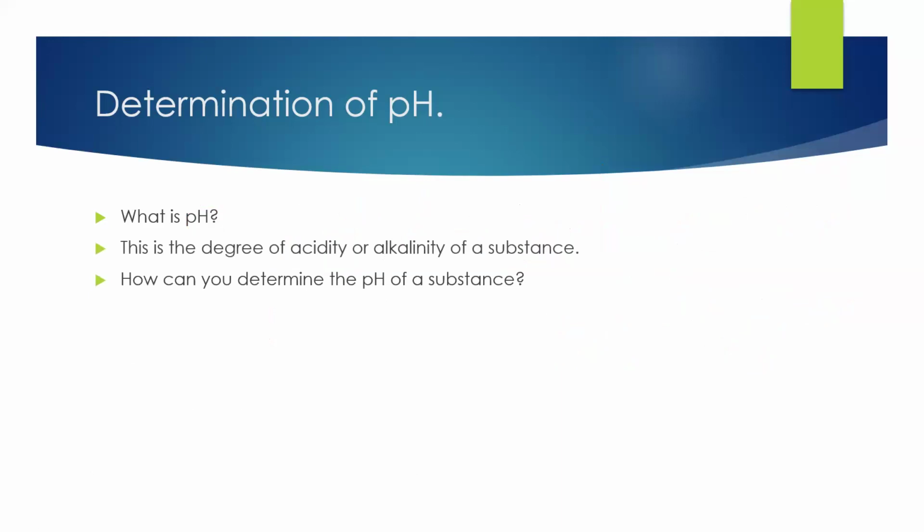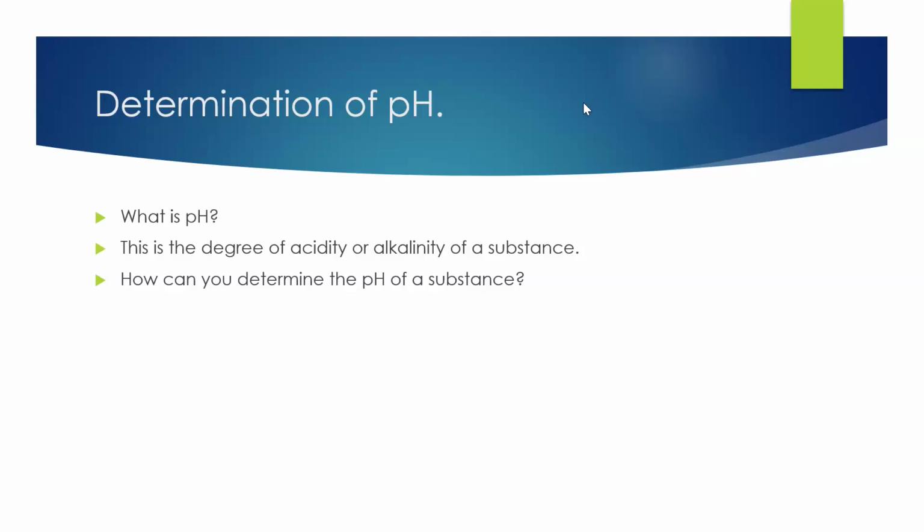So who can tell us how we can determine the pH of a substance? Isaac, I don't know if you have a stable network and a quieter place. Yes, go ahead.